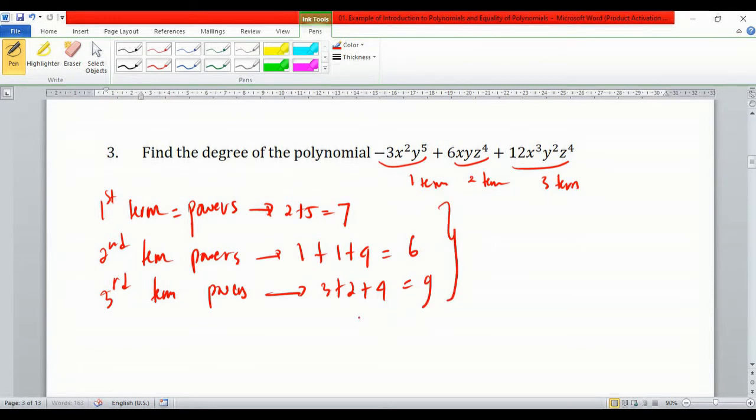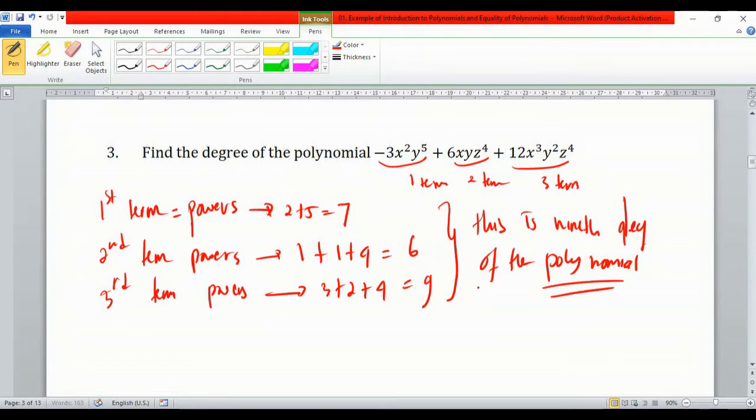The highest is 9, so we can say the degree of the polynomial is 9. Okay everyone, I hope you understand.